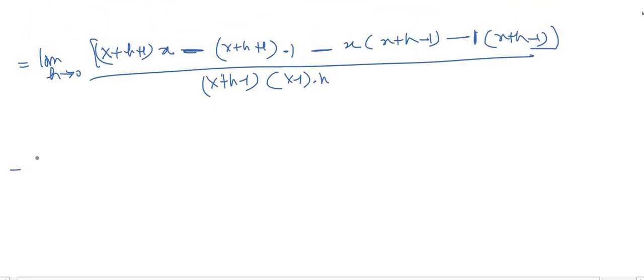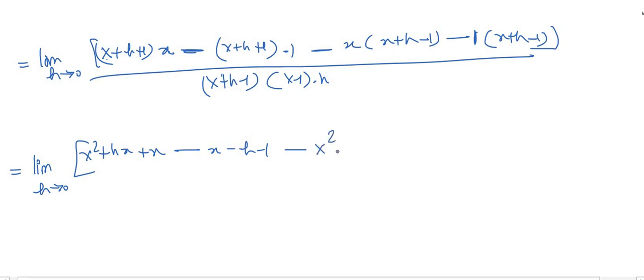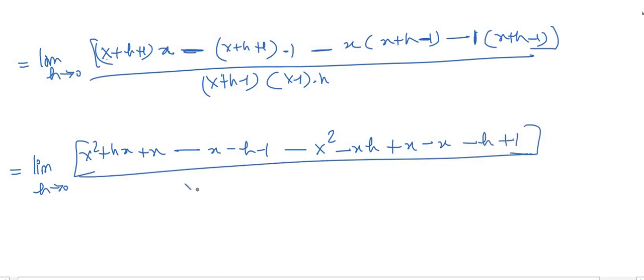Now what we can do is limit h tending to 0. Let's open it. X into x is x square plus hx plus x minus, just simply open it, minus minus 1 minus, now x is multiplied everywhere, minus x square minus x plus x, right? This minus will become plus. Now multiply here, minus x minus h plus 1, divided by whatever it is, minus 1 x minus 1 h.